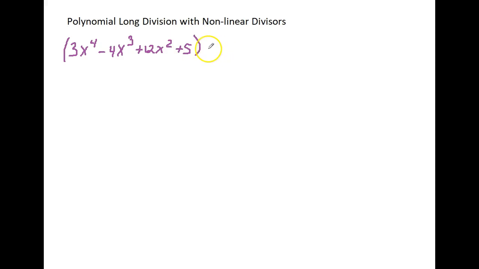All right, and I am going to divide this by x squared minus 2x plus 1. You notice it's nonlinear because I have a squared term.